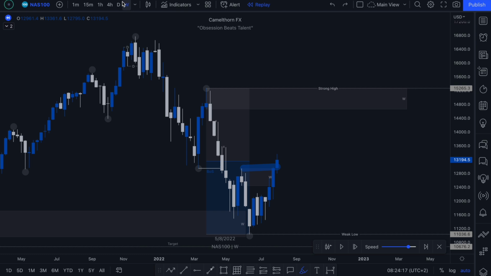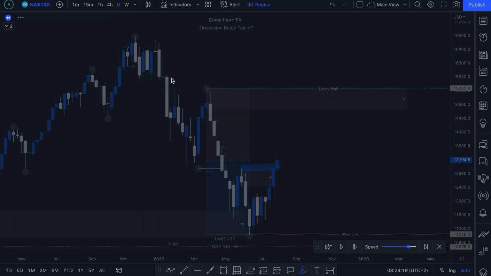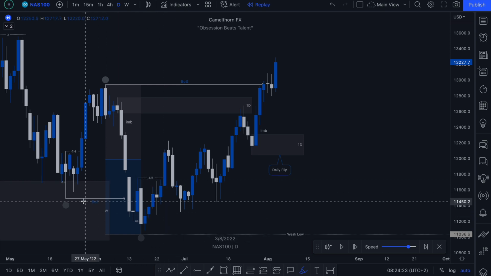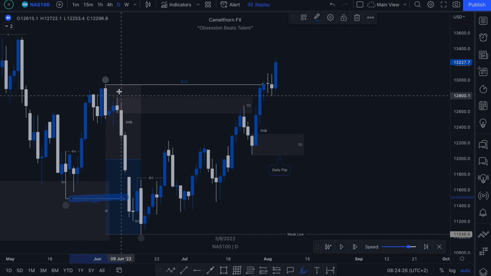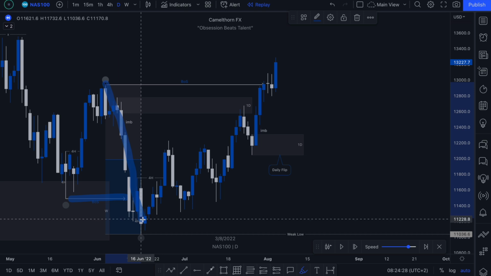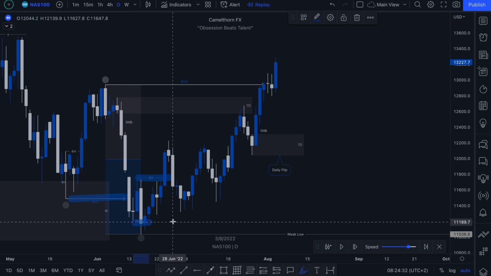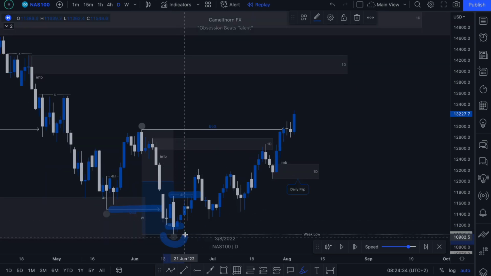Okay, but if I take you back to the daily chart now, what you'll notice is that after we had the bearish break of structure here for that daily, we initially had a 4-hour change of character, which obviously confirmed this low for us.